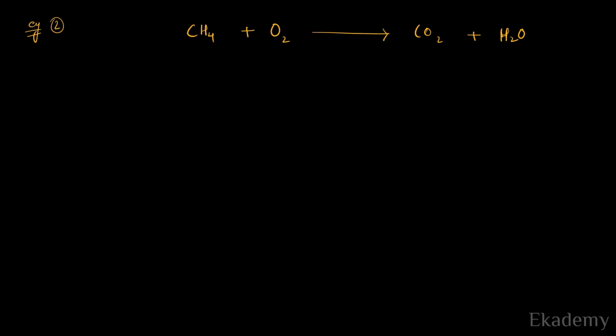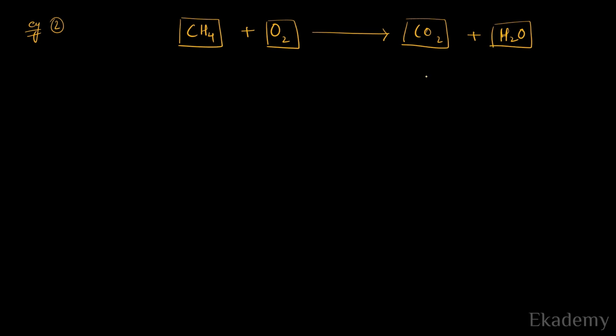Now the first rule is that we should not change these subscripts. To avoid that from happening, just put boxes, and we are not going to touch any number which is enclosed in these boxes.